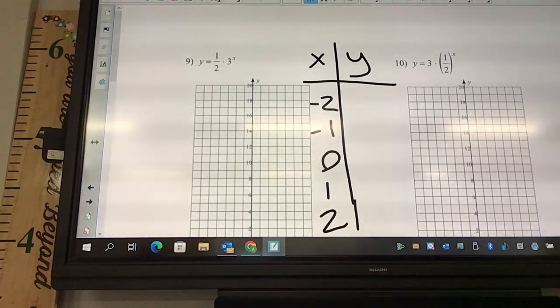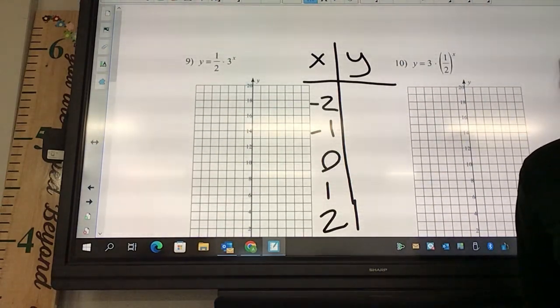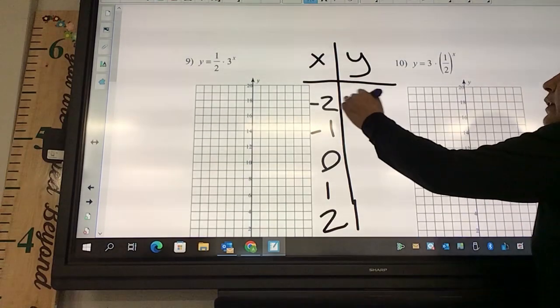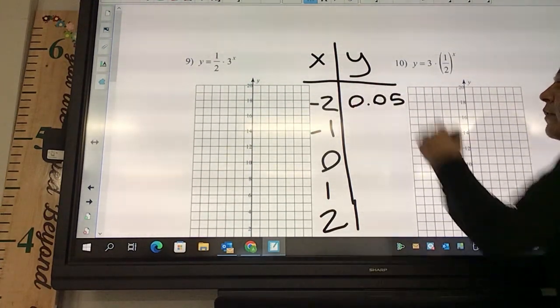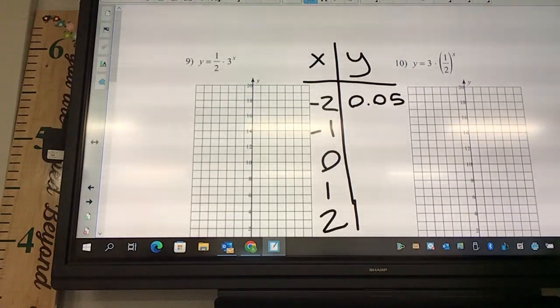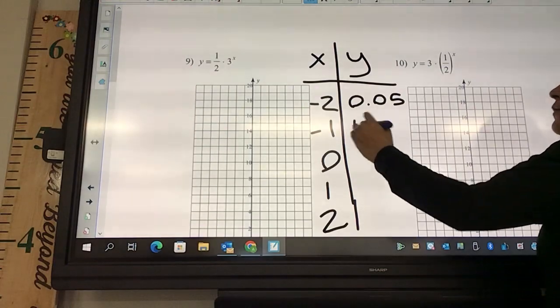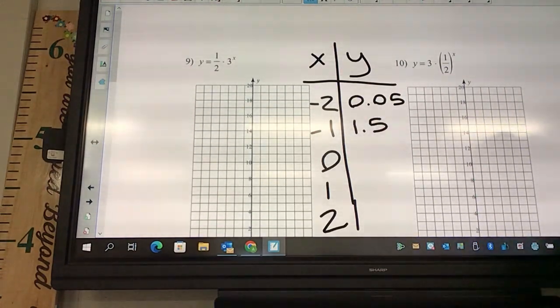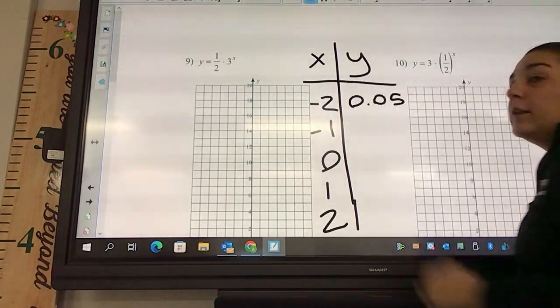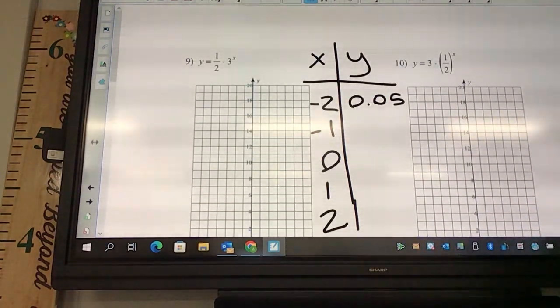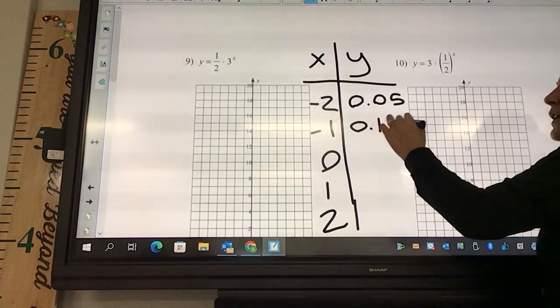Okay, what did you get for the -2? 0.05. Okay. -1. 1.5. Oh, wait, no, that's 1. I didn't remember the negative. You're fine. I thought that was off, but again, I don't know. 0.16.